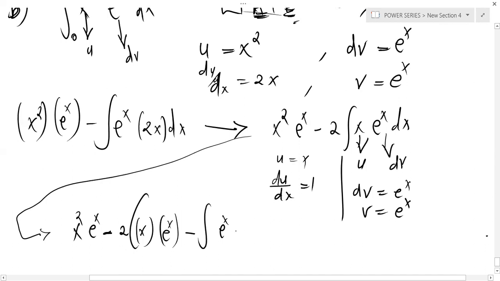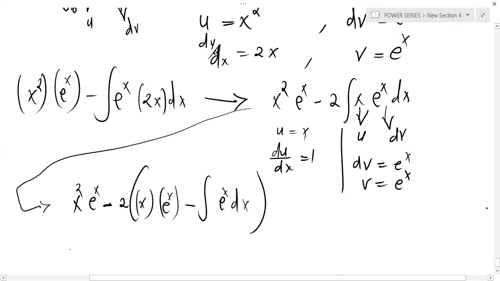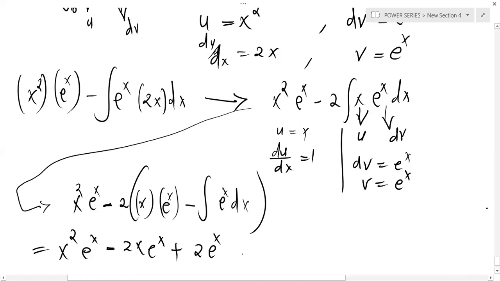Our du is dx in this case. So don't forget this minus here. So many of you left it out. So this is x squared exponential x, open this bracket, minus 2x exponential x, minus and minus will give me a plus. Then we have 2, integrating exponential x, we get exponential x.